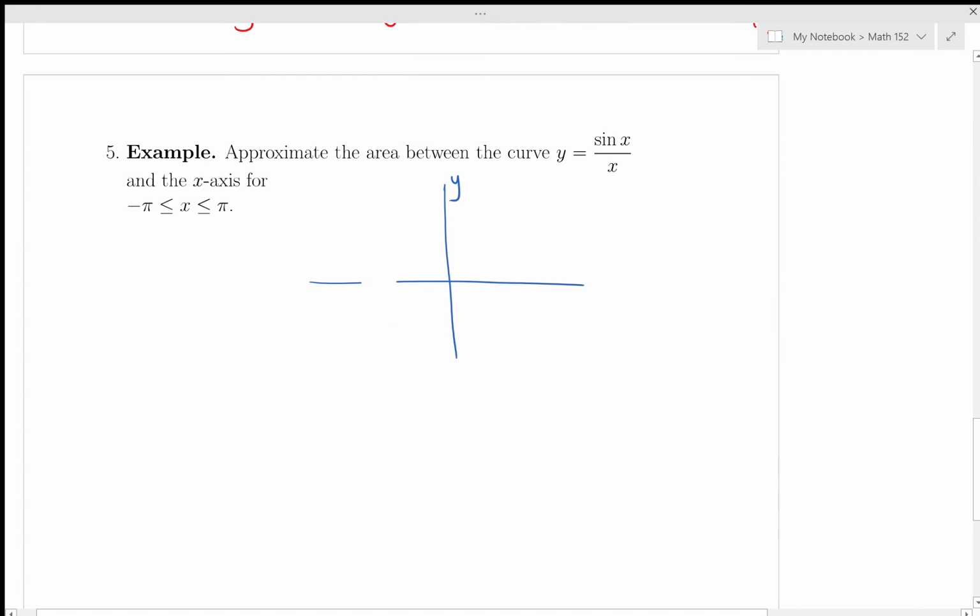Let's just try it this way. Like that. That's symmetric. Okay, that's the best of my drawing, symmetric. It's asking us to compute this area from minus pi to pi.